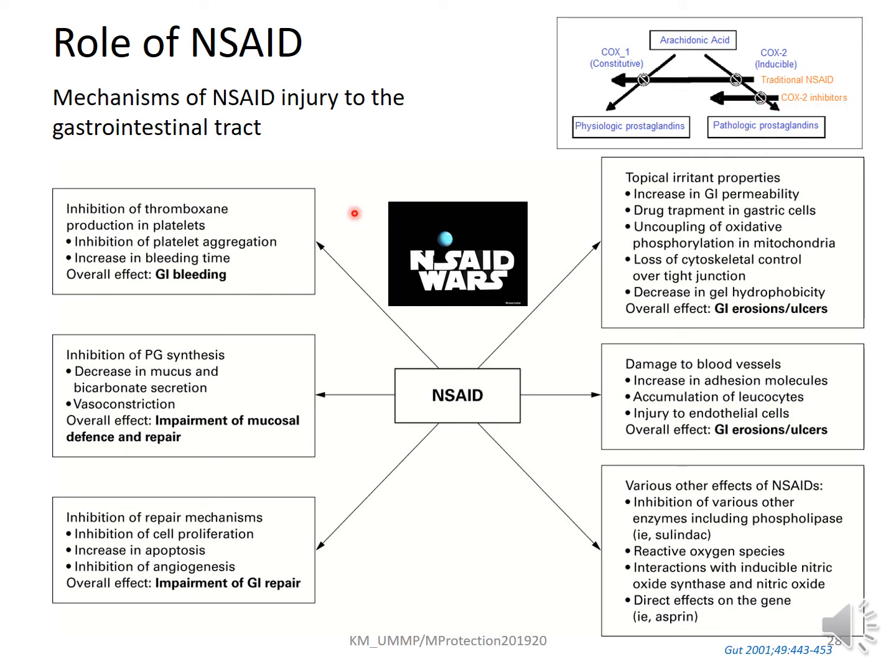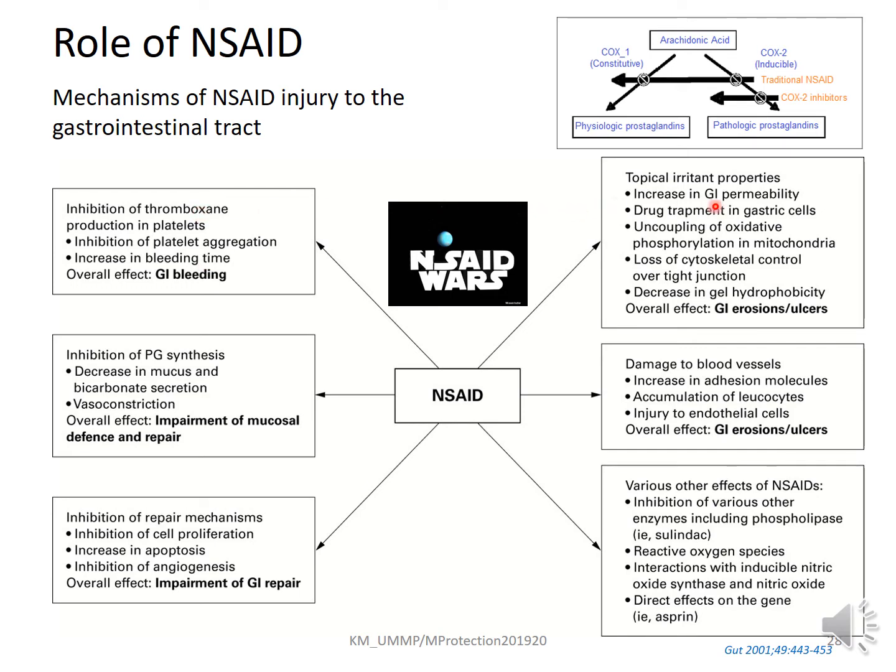There are several mechanisms by which NSAIDs can cause gastric injury. As I told you, if NSAIDs inhibit prostaglandin, it means impairment of mucosal defense and repair, so the mucosal barrier can be broken down. NSAIDs also inhibit cell proliferation and angiogenesis, so there is impairment of GI repair, and they can cause GI bleeding by inhibition of thromboxane.